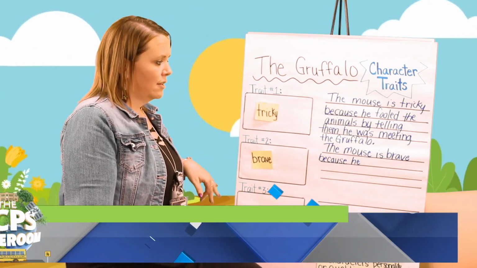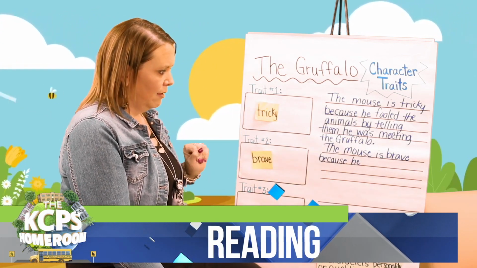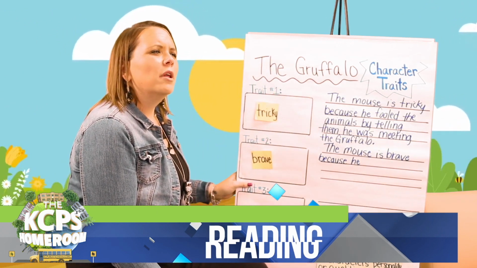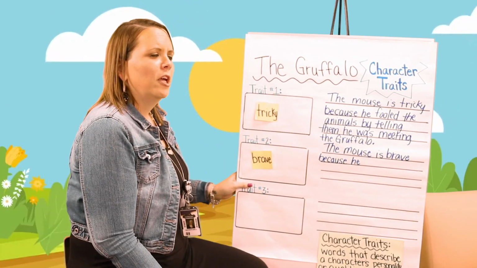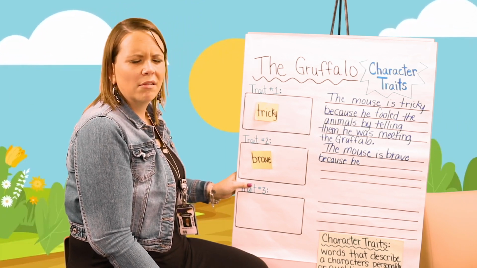So let's write that down in a sentence, in a complete thought. The mouse is brave because he... Let's think. Told the Gruffalo that everyone was afraid of him and took him to meet everyone? Does that sound okay? I think so.